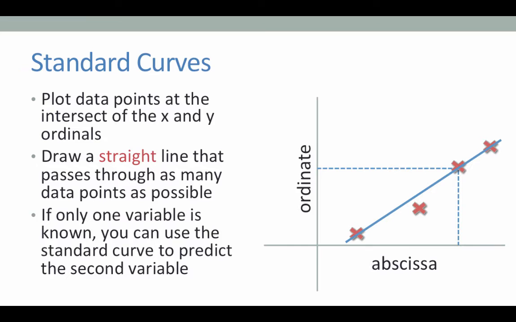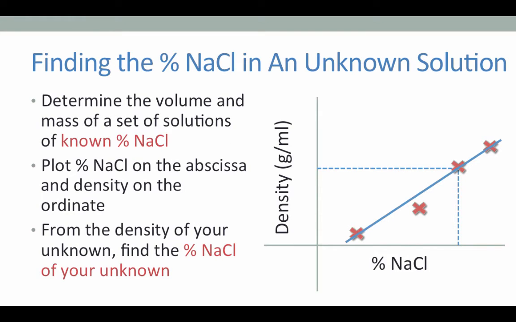So for today's experiment, you will determine the volume and mass of a set of sodium chloride solutions and use those volume and mass measurements to determine the density. You can then plot the density and the percent sodium chloride onto a graph with percent sodium chloride on the abscissa and density on the ordinate.